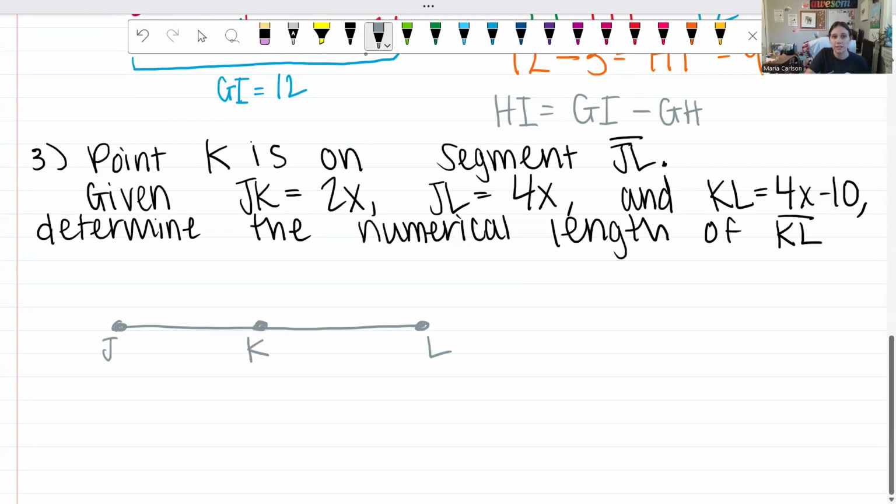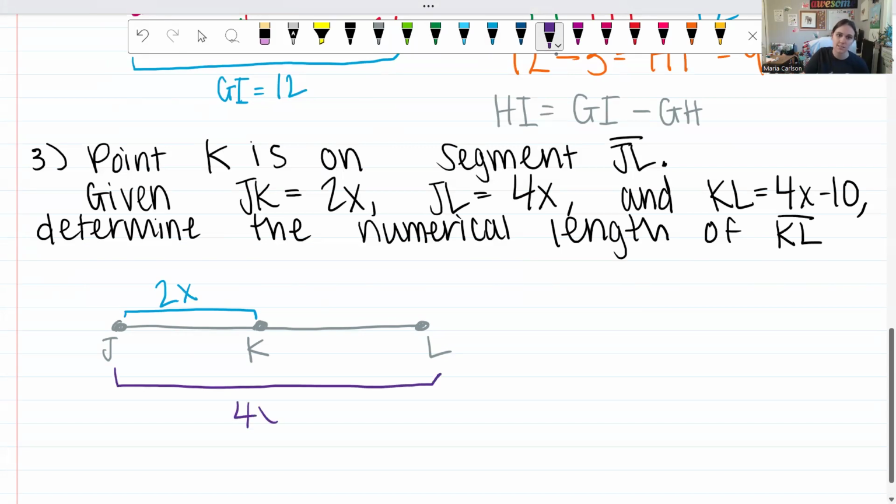Now, segment JK is 2x. So this is 2x. Segment JL, it says, is 4x. Now that's the entire thing. So the entire thing is equal to 4x, and KL is equal to 4x minus 10.